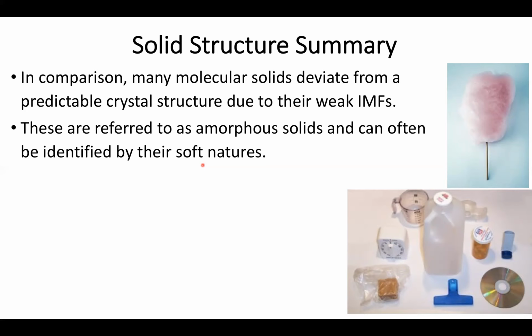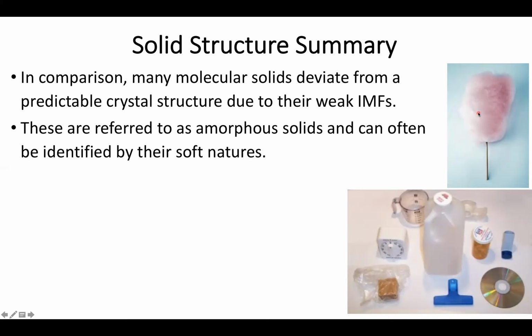And they're called amorphous because they don't obey a set crystal structure. And one of the easiest ways to identify a lot of amorphous solids is because they tend to be very soft. You can bend or manipulate them. So think about things like plastic, which is an amorphous set of long chain carbon, or sugar.